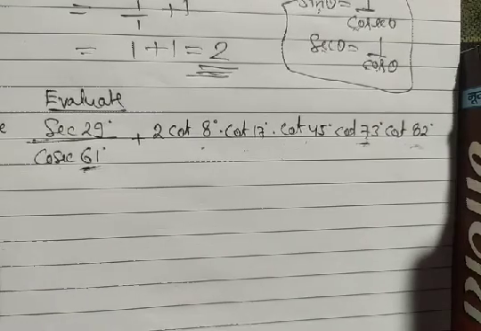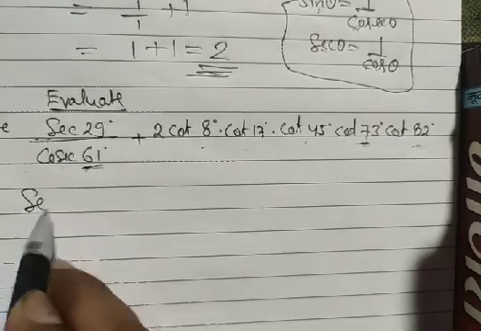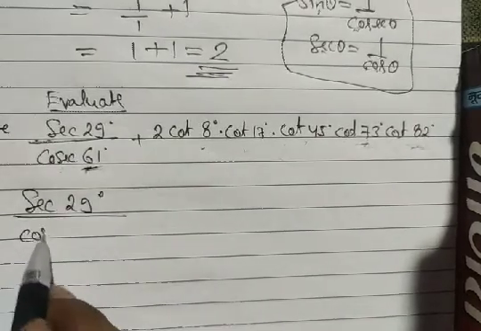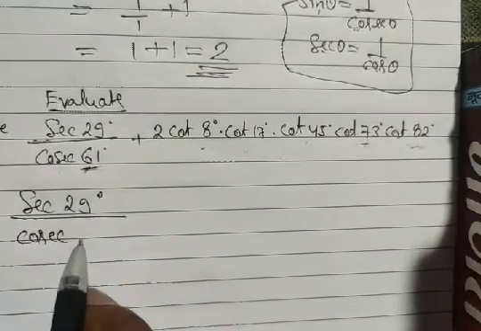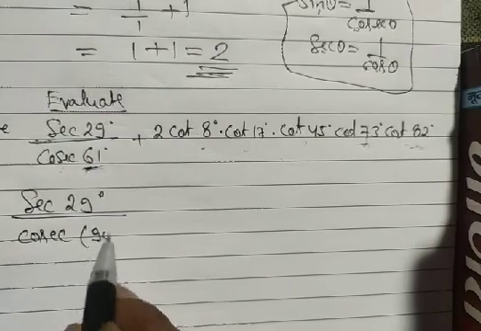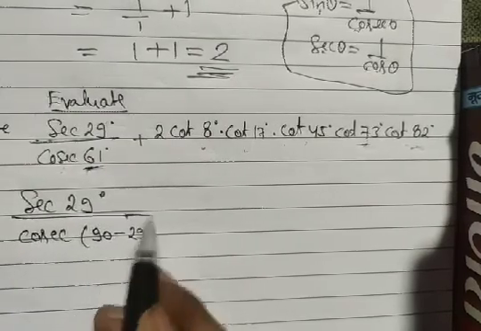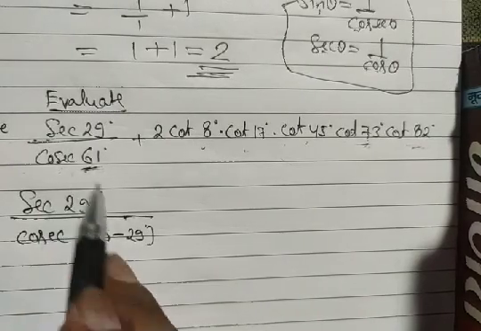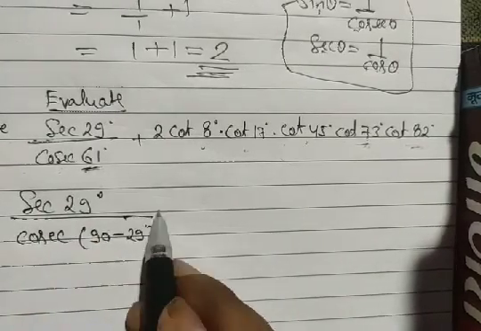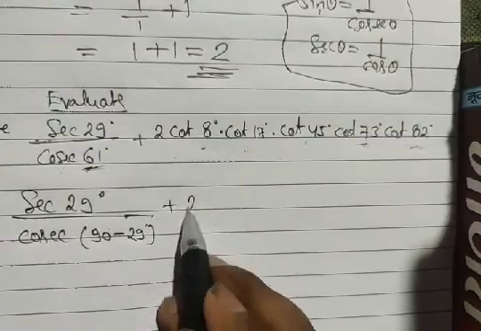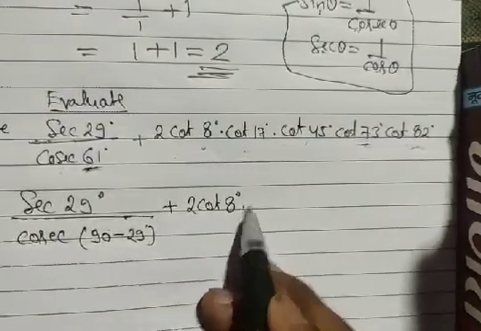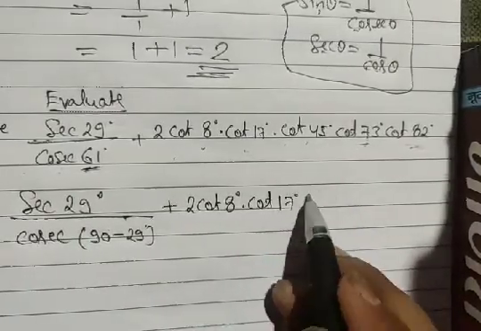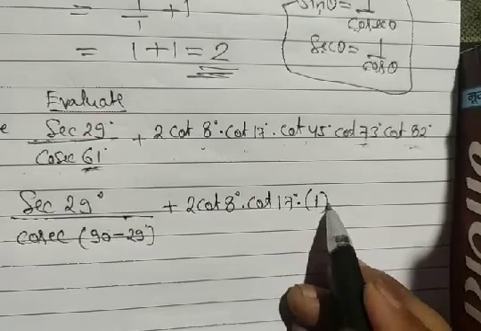Now we write sec 29 as it is. Now we convert cosec 61. How do we get 61? When we subtract 29 from 90 degrees, we get 61 degrees. Then here we have 2 cot 8, then cot 17 degrees, no need for changing, and the value of cot 45 is 1, so into 1.